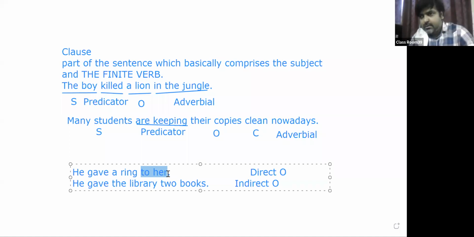To her is not an indirect object. पहले her indirect object था पर यहाँ पे you are seeing a change in this particular sentence structure. यहाँ पे to her हो गया एक prepositional phrase. So please keep this in your mind.